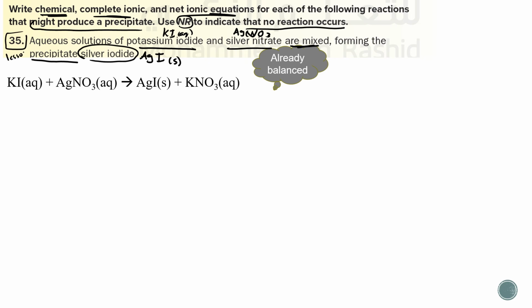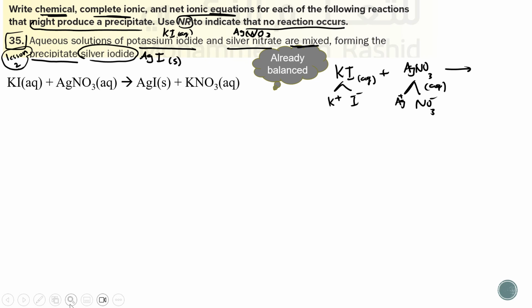In the exam it might give you the equation, it might not. This question should be from the previous video, so listen to it. What you should do is write KI AQ plus AgNO3 AQ, and then break these down into plus and minus ions, right?